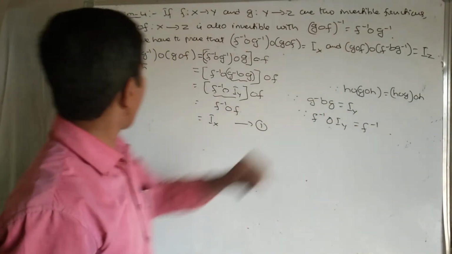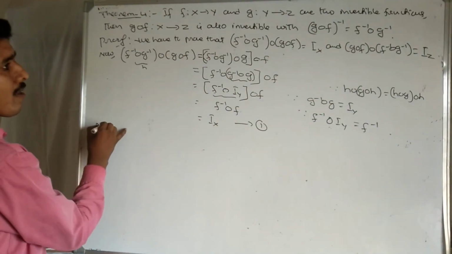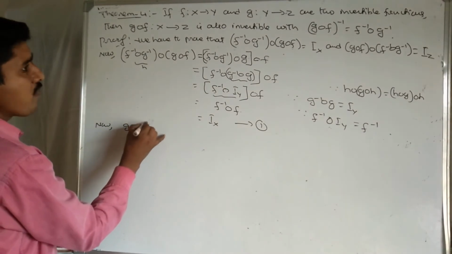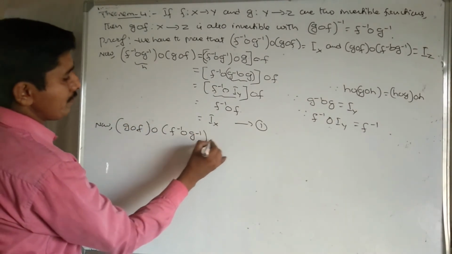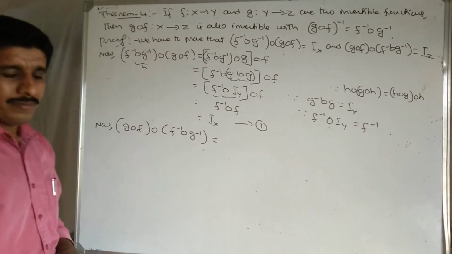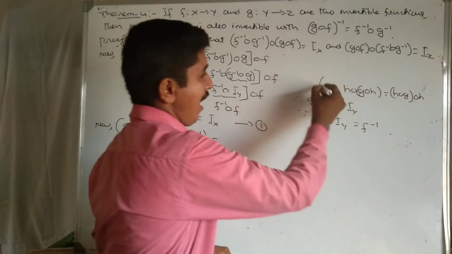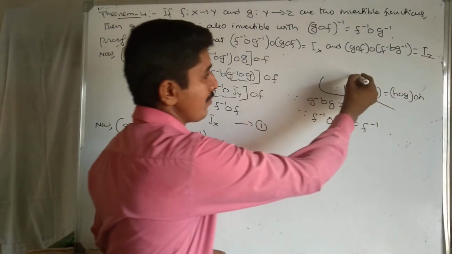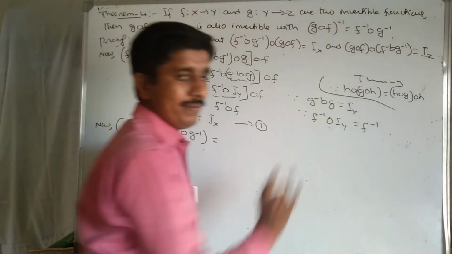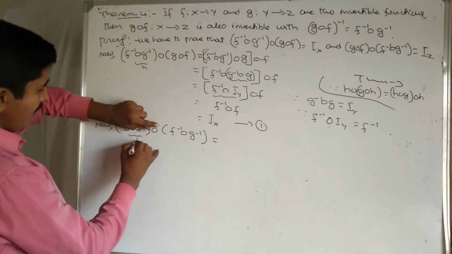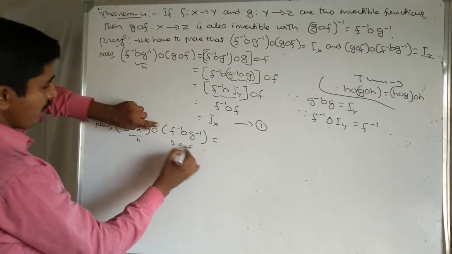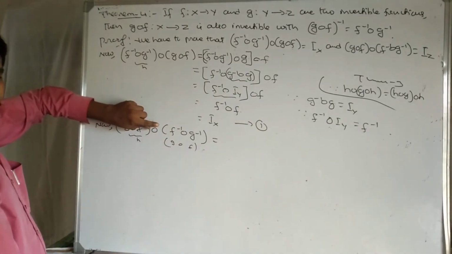Next, now take the second one. GOF of O of F inverse O G inverse. Again, according to the last theorem, theorem 3, this can be written as, I am considering this is H, this is GOF.